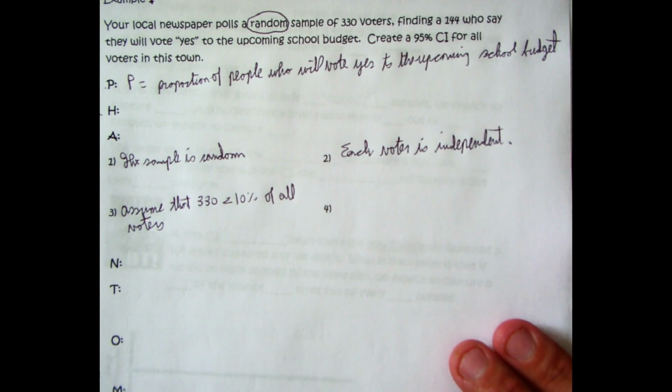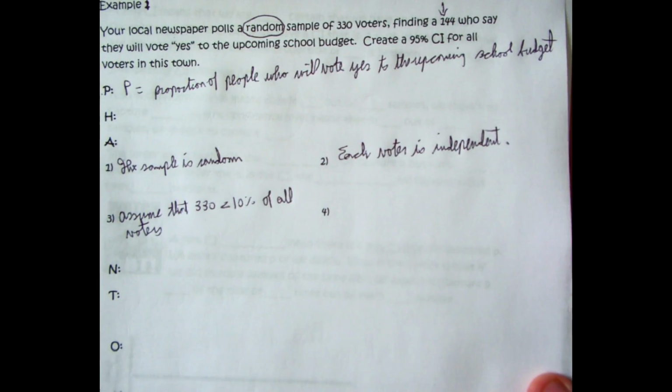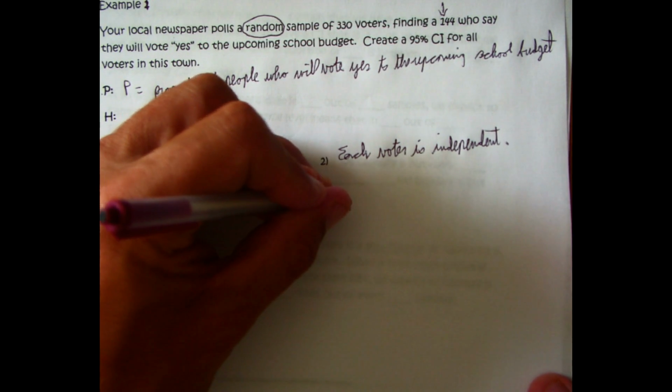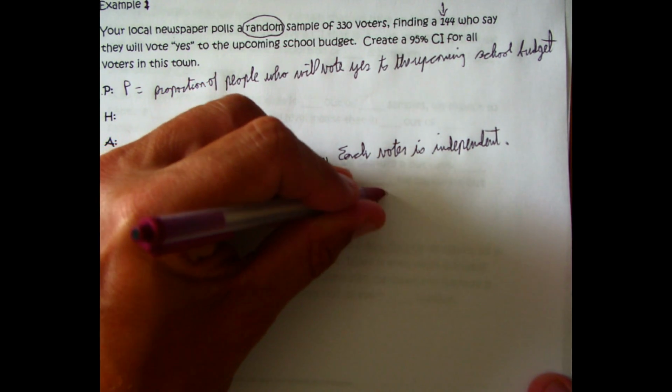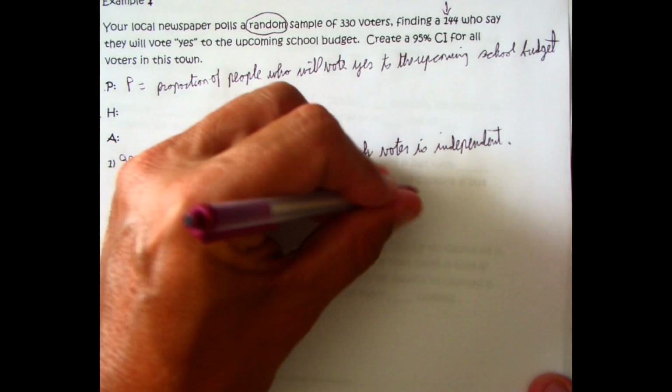Now the fourth thing is what allows us to use the normal model. Well, we're dealing with proportions, so you got to use np. Well, you don't know what p is. The next best thing, what's np hat? What's the number of successes in the sample? Well, it's pretty simple. It's 144. So np hat equals 144, and that's at least 10.